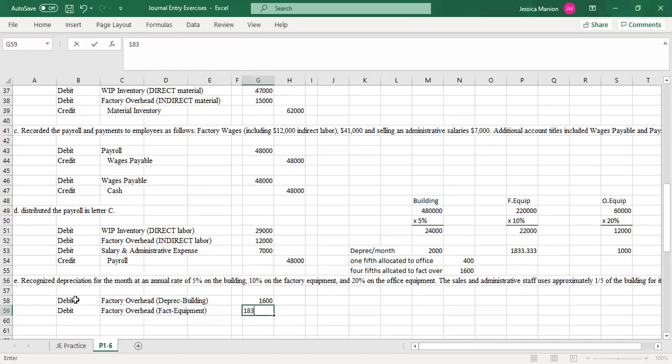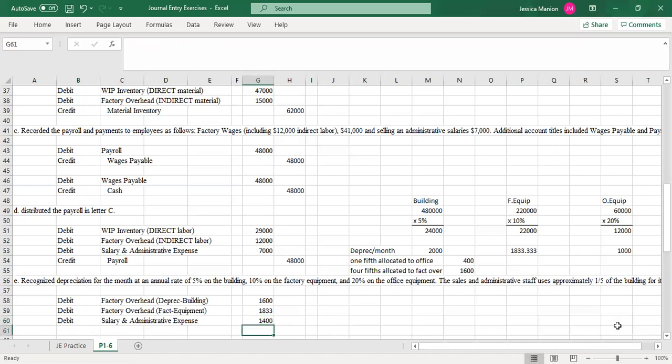That's 1,833, and it tells us to just round to the nearest dollar on these. We're going to debit salary and administrative expenses for the 400. And actually, not only for the 400, the portion of the building, but the 1,000 for the office equipment as well.